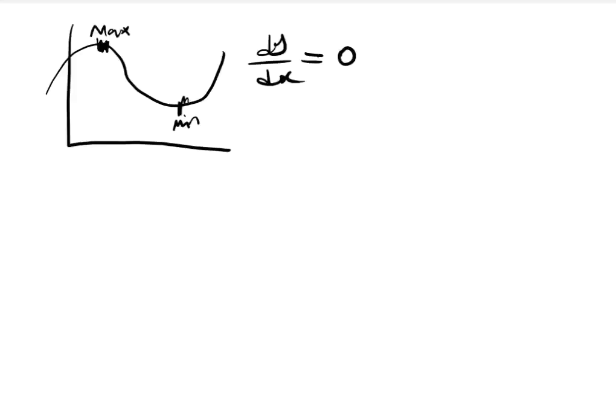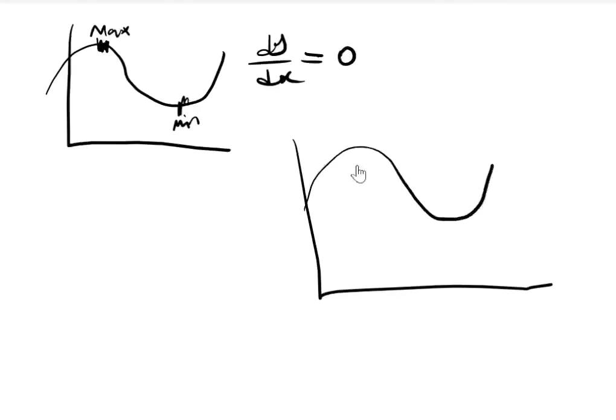To find the value of x at which the curve attains the maximum and minimum, we have to take the second derivative of the function. If I have this curve, and here is minimum, this is maximum.